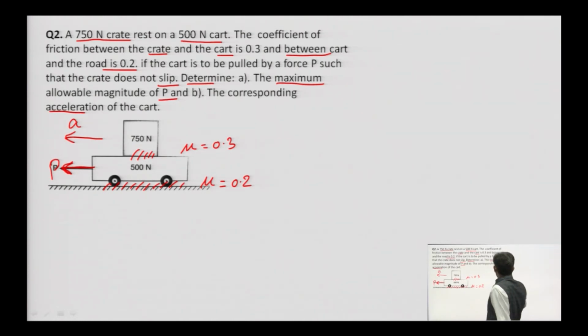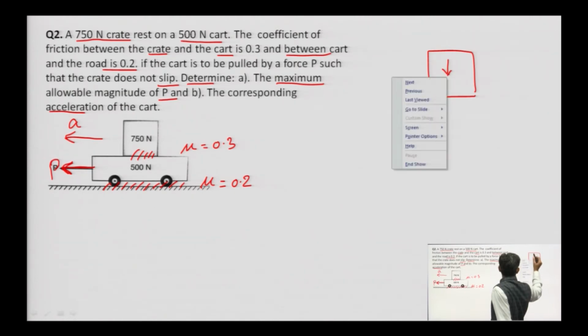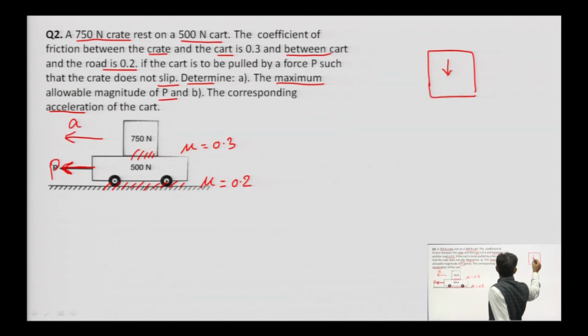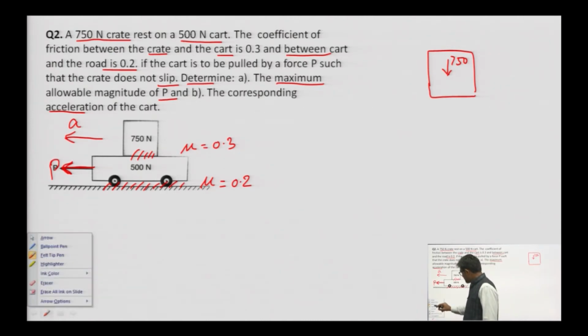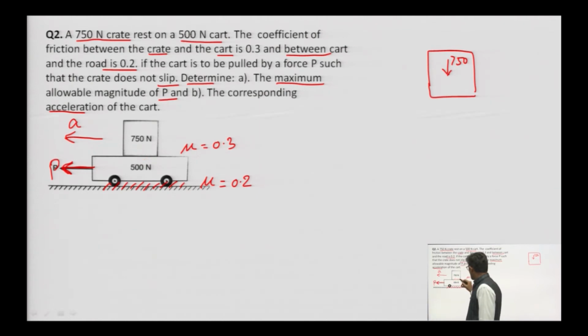So, let us make the free body diagram for this block. Its weight is acting at the CG, and it is 750 Newton, and here is the reaction.